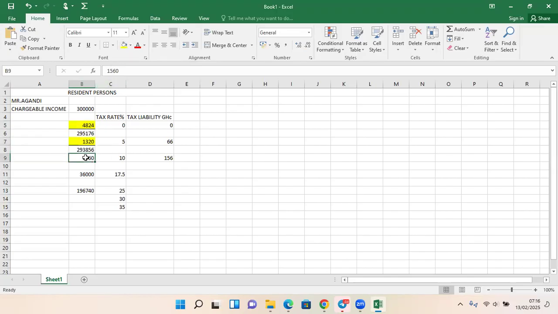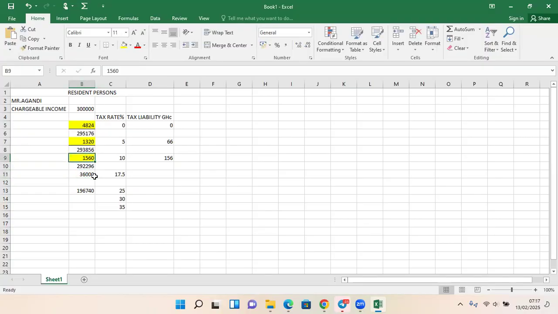So the yellow ones are the graduated tax schedule. That's what we are going to apply at each and every step. Now we subtract again and see what's left. This is what is left.